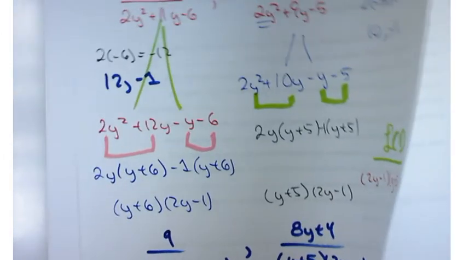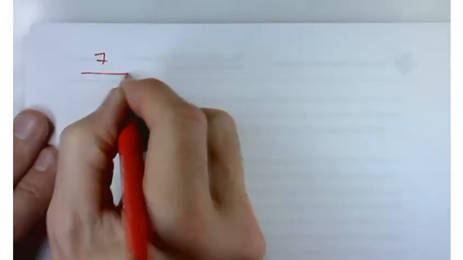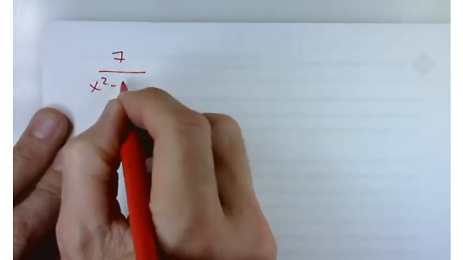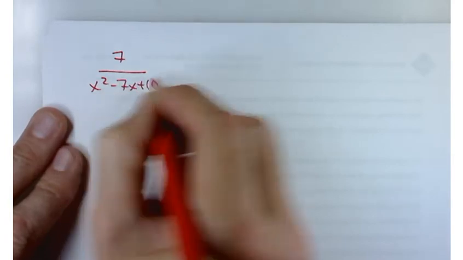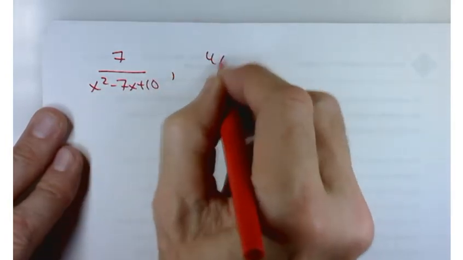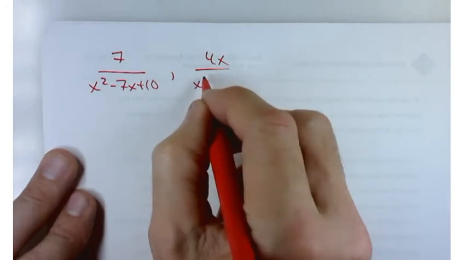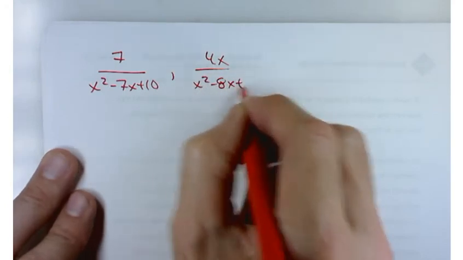So, let's see. 7 over x squared minus 7x plus 10, and 4x over x squared minus 8x plus 12.